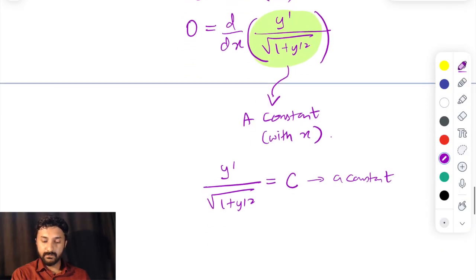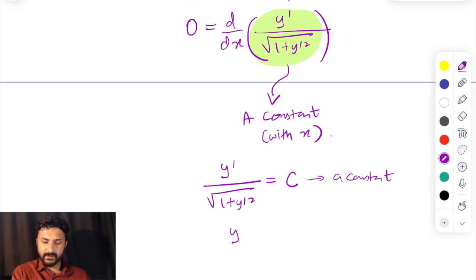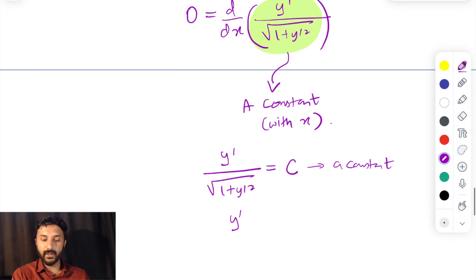Now let us simplify this a bit so that we can understand this better. And in fact, if you remember, solving the Euler-Lagrange equation means to find out, in this case, y. What is y as a function of x, right? So here we have an equation in terms of y dash, the derivative of y, but we'd like to know what is y of x.